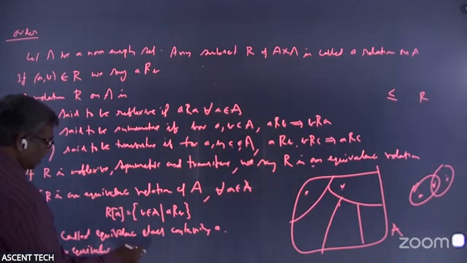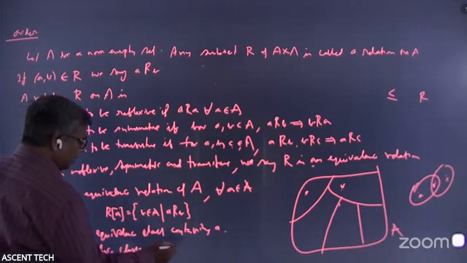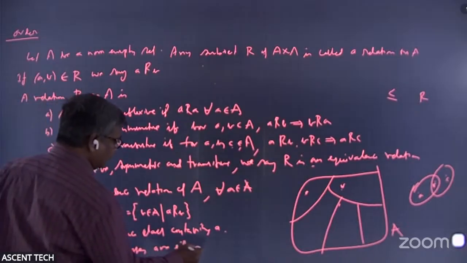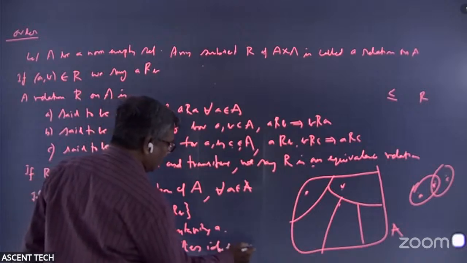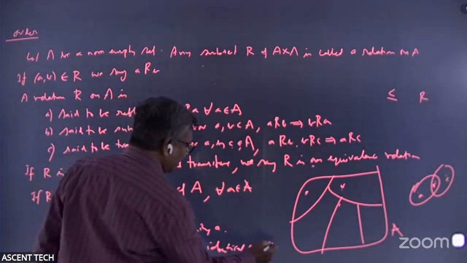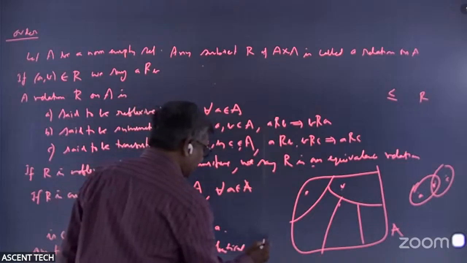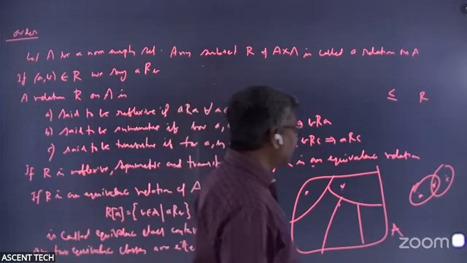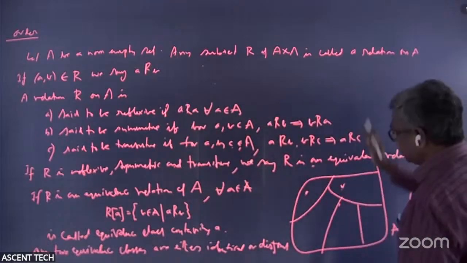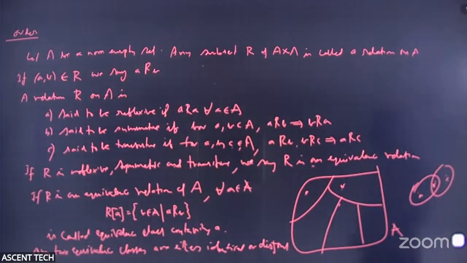Classes are either identical or disjoint. As a matter of fact, the entire space can be written also as a pairwise disjoint union of equivalence classes.